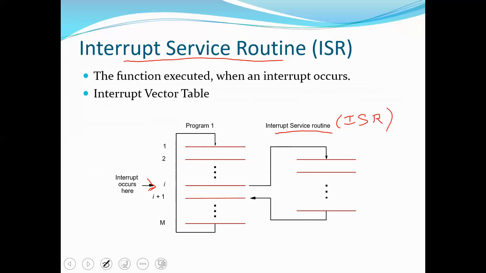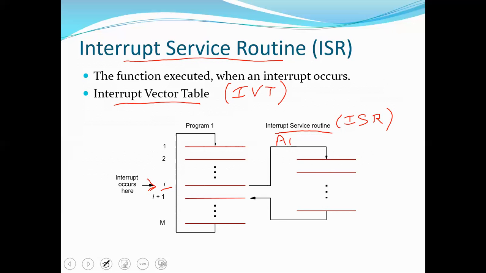So how is it solved? How does the sudden jump from a particular location I to, suppose, a particular location A1 take place? This usually works with the help of the interrupt vector table. IVT is the interrupt vector table, which helps in moving to the interrupt service routine location.